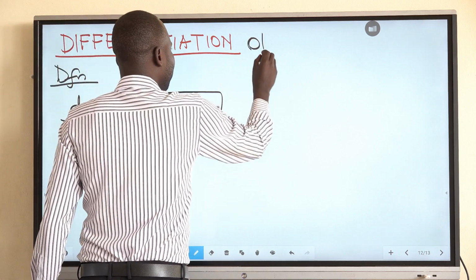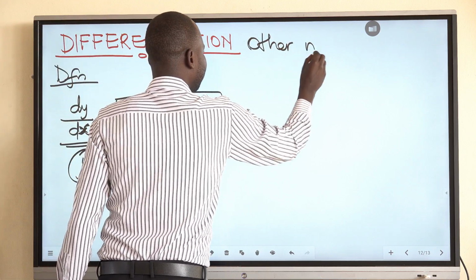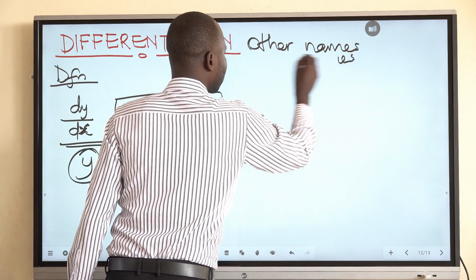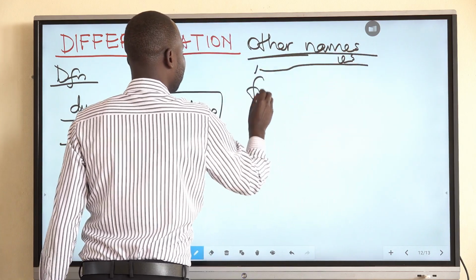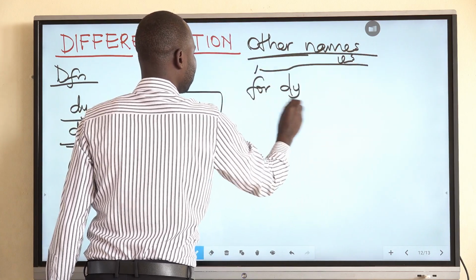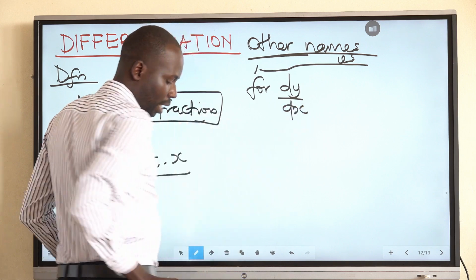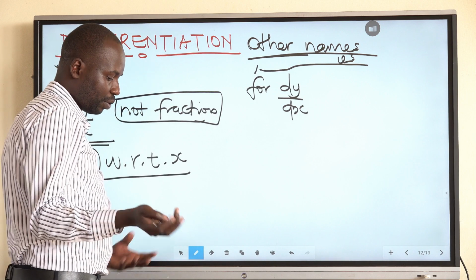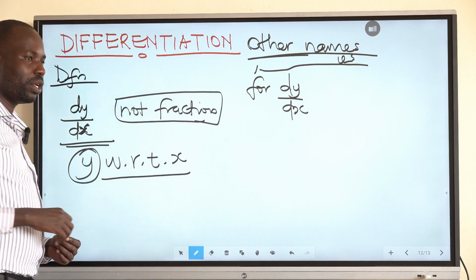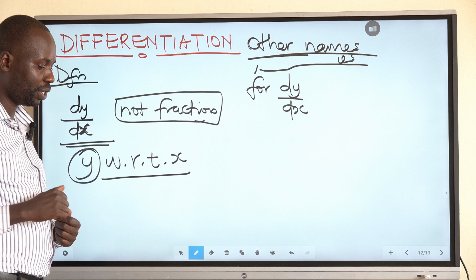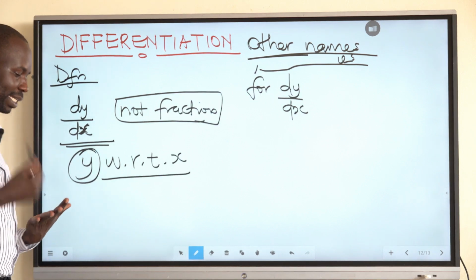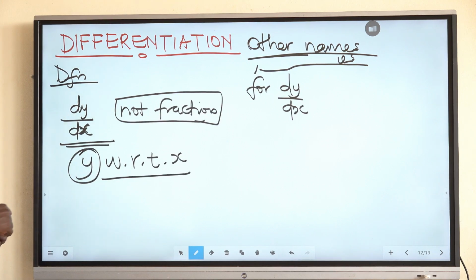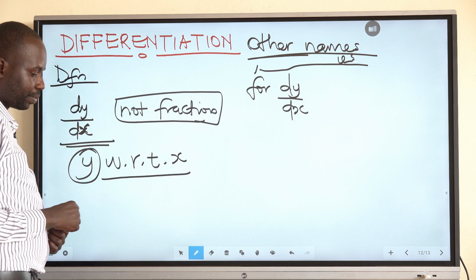Other names for dy dx: it can also be called a derivative of y with respect to x. You can also call it differential coefficient of y with respect to x, or a gradient function.